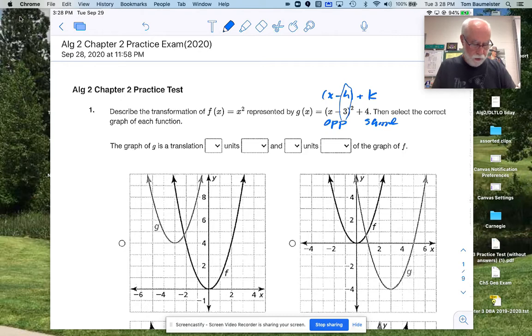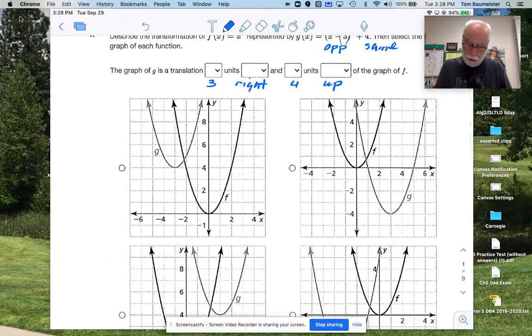So the graph of the translation would be 3 units. And again, you're going to go opposite. Minus 3 would go left, so you would go right. And then you would go 4. That one stays the same, so plus would mean we would be going up.